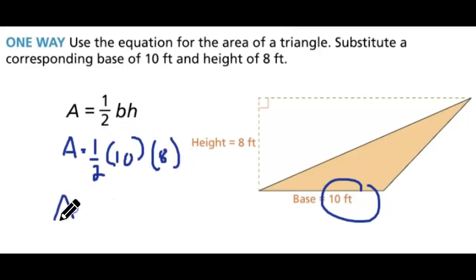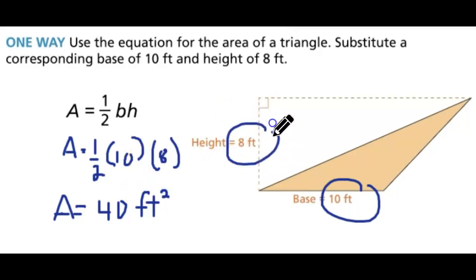Then we'll do our calculation. That's going to be 10 times 8 gives you 80, times 1/2 or divided by 2, that gives you 40. And we know that we're using area, so our unit is square feet, because we're going to be multiplying 10 feet times 8 feet. So for this example, our answer is 40 square feet.